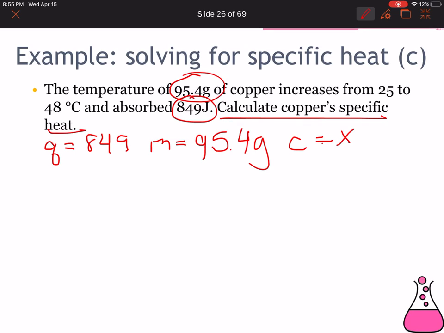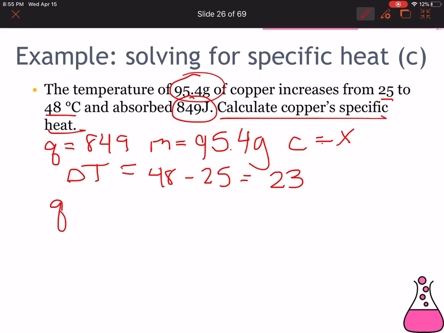So that's my X. And then my delta T is always the final temperature minus the initial temperature. So I see my final temperature is 48 degrees Celsius. My initial is 25. So my delta T is 48 minus 25, which gives me 23.